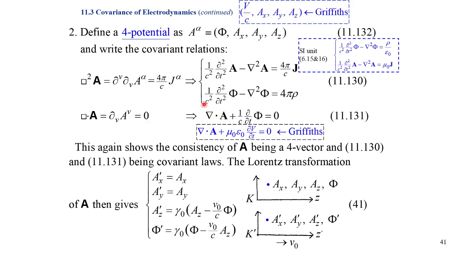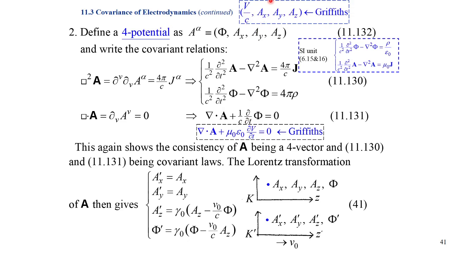This gives us this equation: divergence A plus 1 over c, partial phi over partial t, equals 0. But this equation is different from Griffiths' notations or Jackson's previous notations, because it looks like A and phi are in the same dimension. However, in the previous case, A and phi are not in the same dimension.